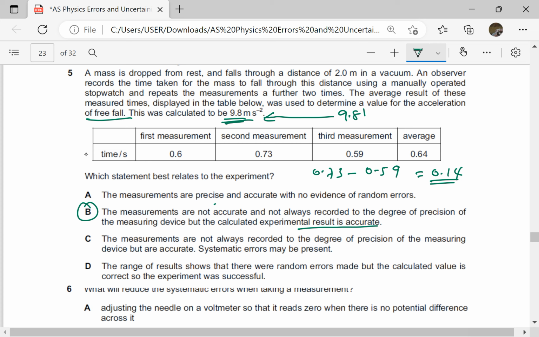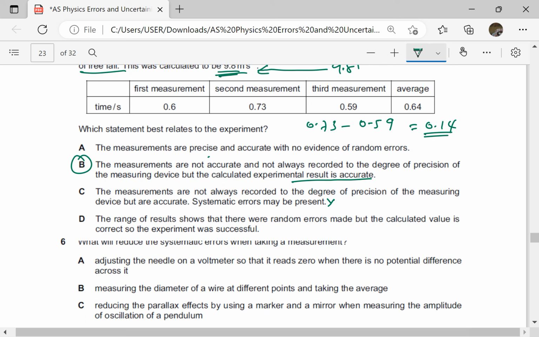The measurements are not always recorded to the degree of precision, which is true, but are accurate. Systematic errors may be present. There is nothing to show that systematic errors may be present. The range of results shows that there were random errors made, but the calculated value is correct, so the experiment was successful. There's nothing showing that there were random errors made here.